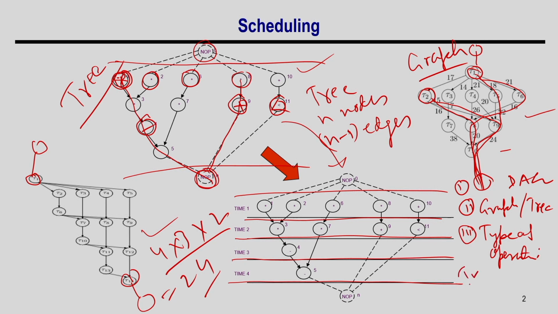The fourth is the delay of the nodes. For example, we have already formulated the problem with the multiplier having a delay of 2 and the adder having a delay of 1. It is not that all operations will take the same amount of time in hardware; you might have some complex operation which might take say d cycles.